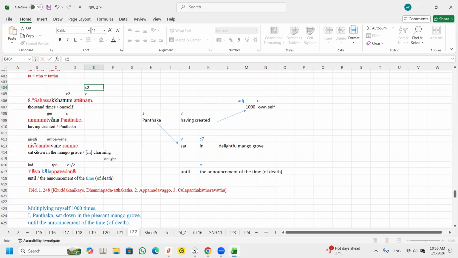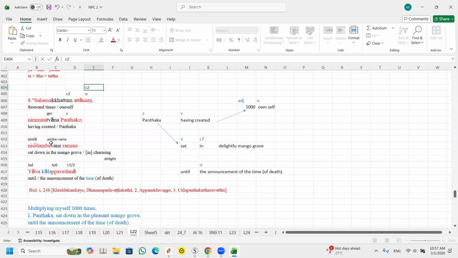Now, come to this one. Can you see here? This is a compound. Can you see the word amba here? Amba and vana. And then this is ni si. Because this ni si d is an aorist. But in a compound, the I and the A, one of them has to drop.